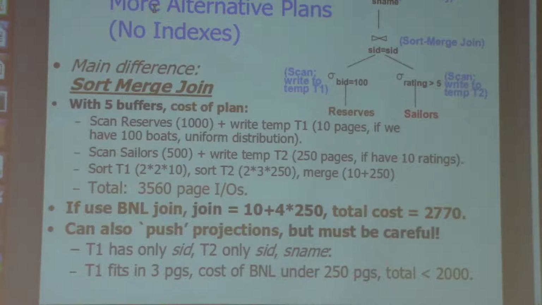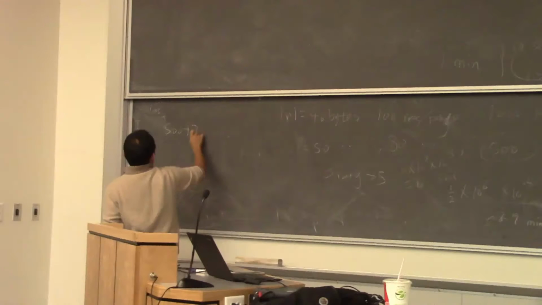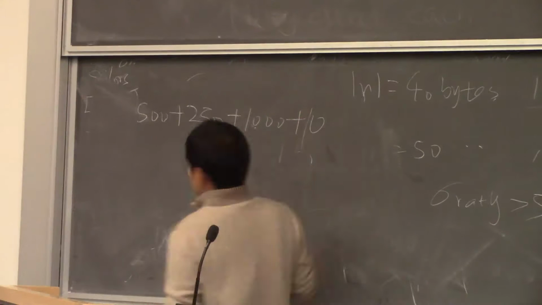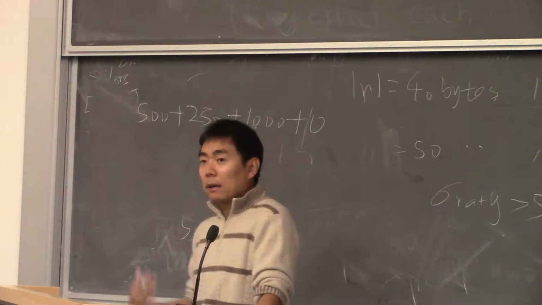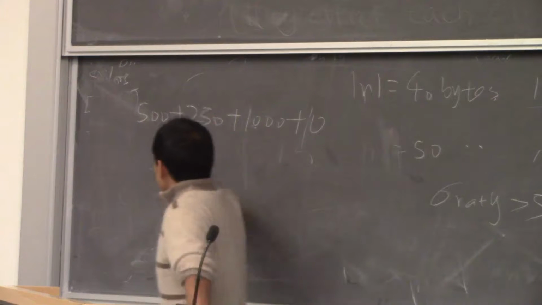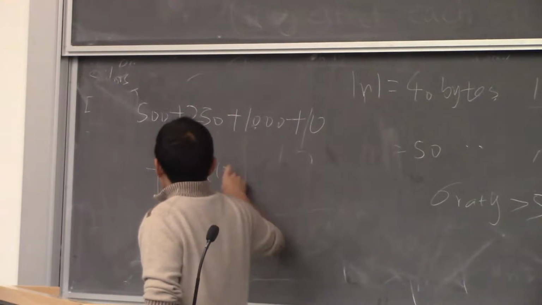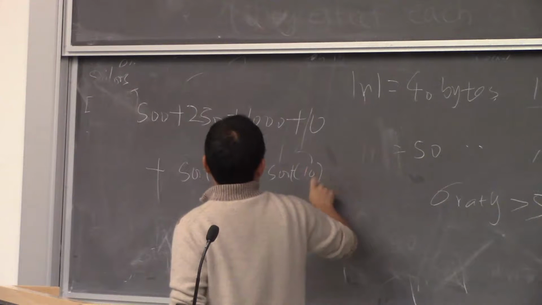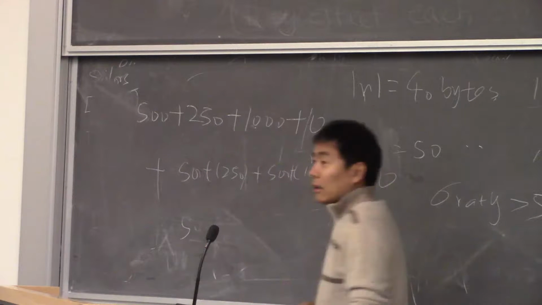Well, let's check. Okay, let's see what's the cost of doing this. Well, first of all, there will be costs like this up front. This is to produce the temp table by applying the selection operator. And then you need to... that's the cost.